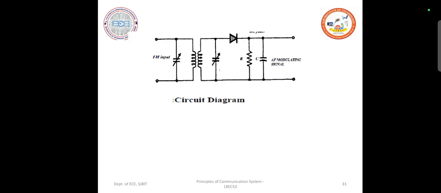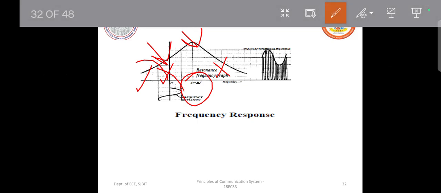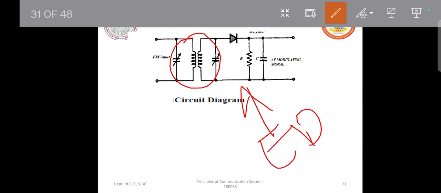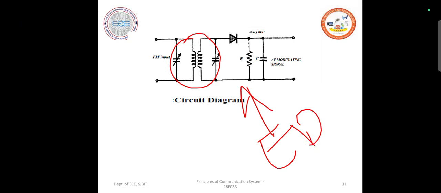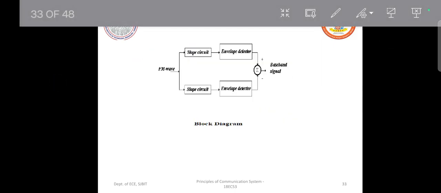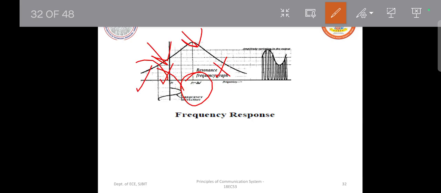And once this LC circuit operation is over, at this point, after this operation, what you see is basically an envelope detector. This envelope detector is nothing but a demodulation circuit. Now if you come back to this, what you observe at this point is a waveform which is amplitude modulated, isn't it?